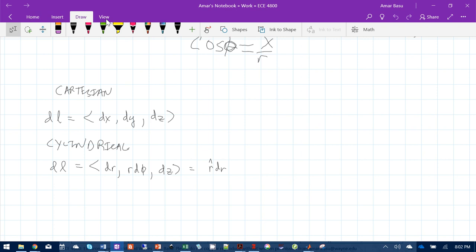In cylindrical coordinates, dr, r d phi, and dz. How about spherical?